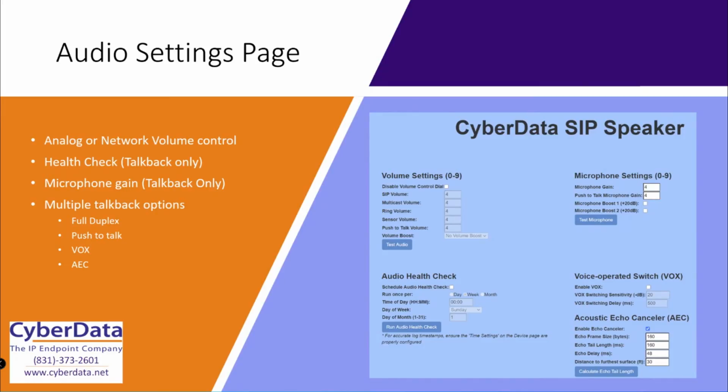So that way both parties can talk to each other, and that will rule out the feedback that you'll get from just a standard full duplex conversation. So these are really useful for things like classrooms or even detention rooms, or really anywhere that you would want to generate a call from the speaker.